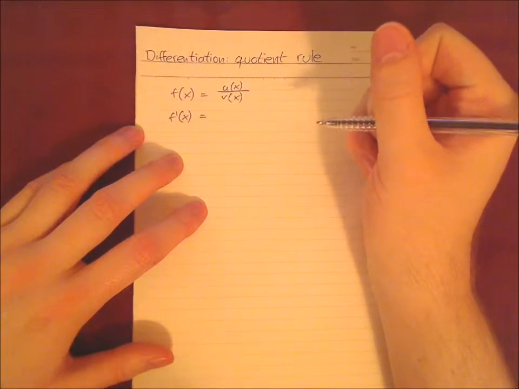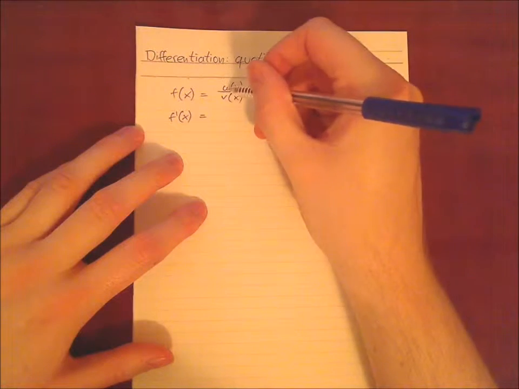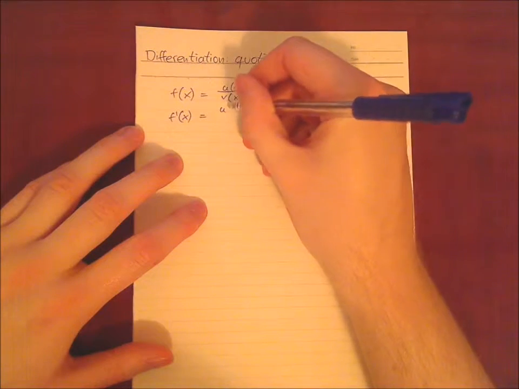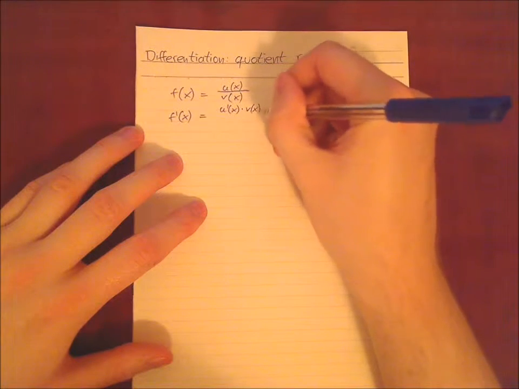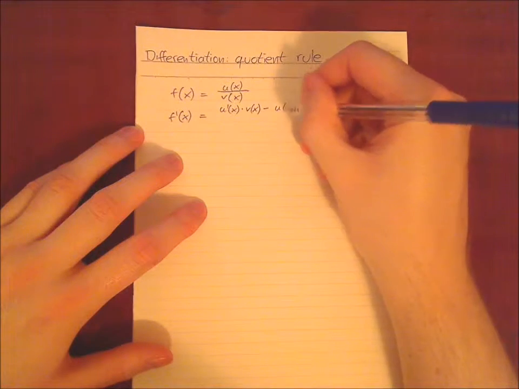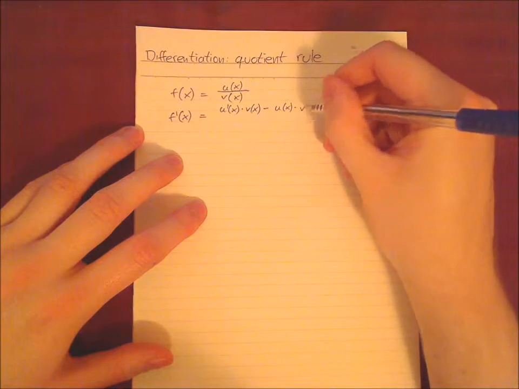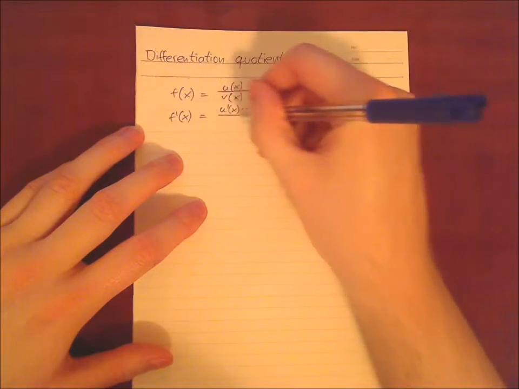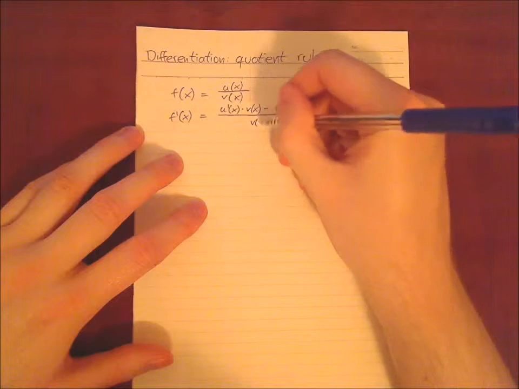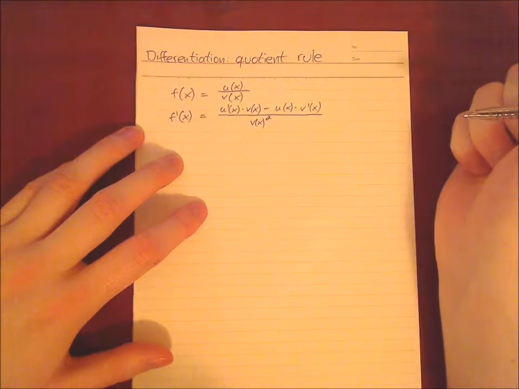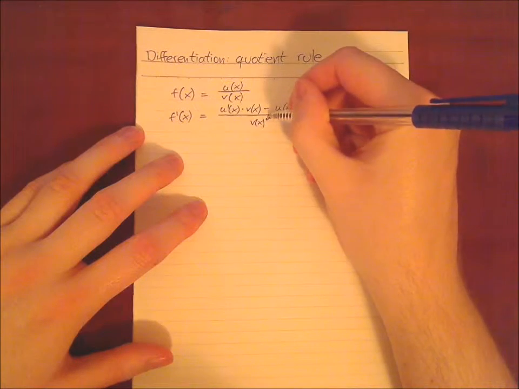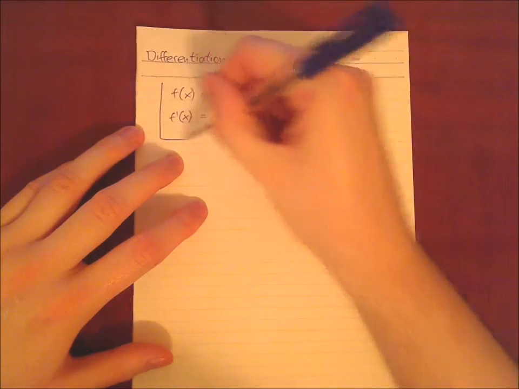So the way the quotient rule works is we take first the u, we differentiate it, times v, minus u, and now we differentiate the v. And the denominator is just the v function to the power of 2. This is called the quotient rule.